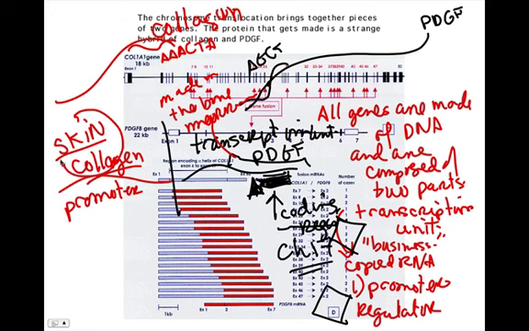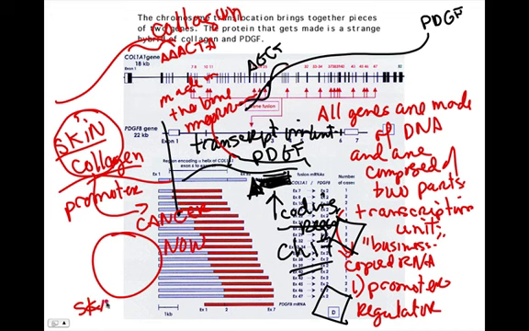The skin collagen gene is active there, and what happens in this woman with this form of skin cancer is the promoter of skin collagen gets fused with the transcription unit of PDGF, and now skin cells make PDGF.